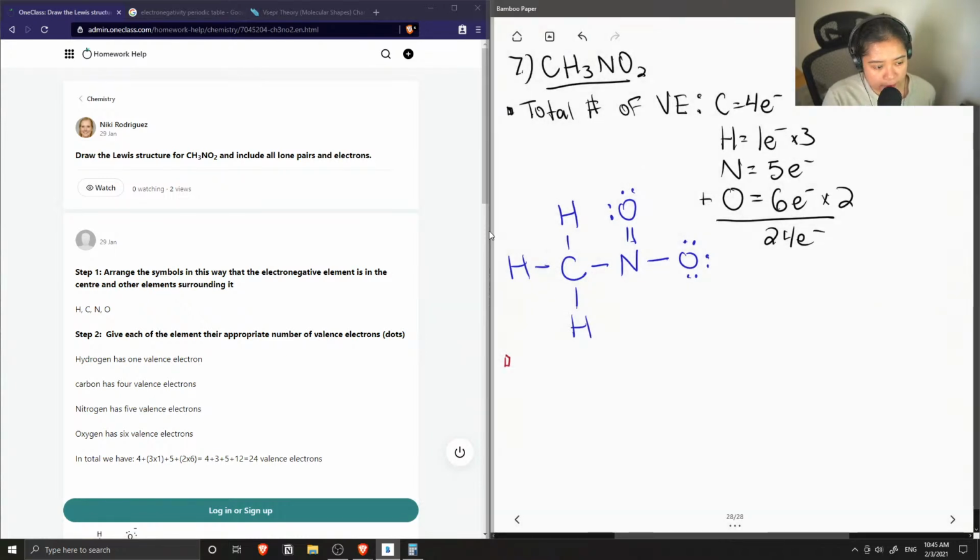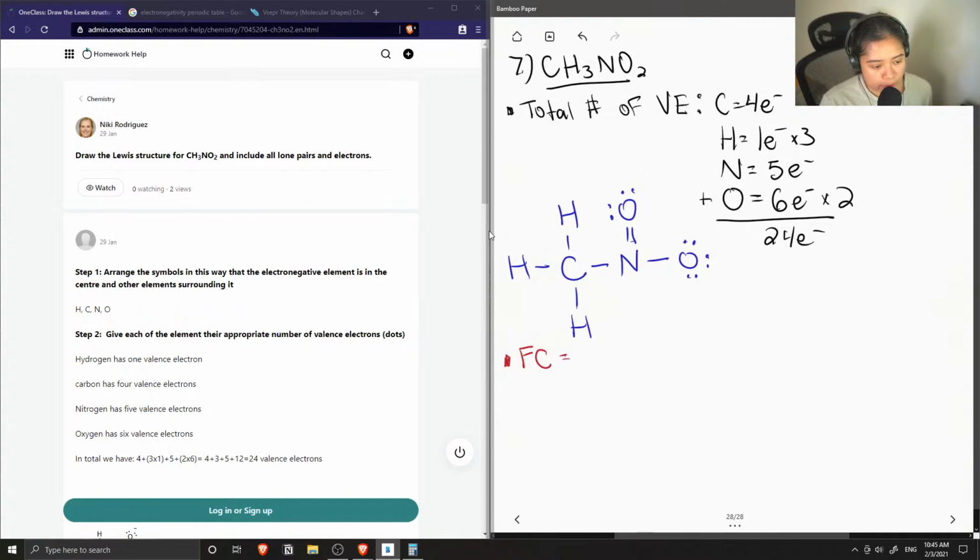We just need to calculate the formal charge of all of our atoms. And one of the rules of thumb is to have the most electronegative atom carry a negative charge if there is one. Okay, so let's calculate the formal charges.